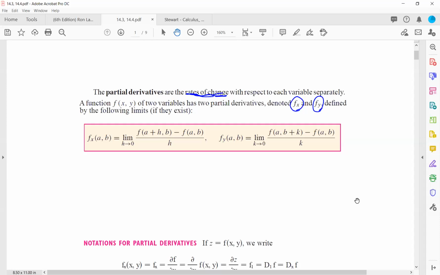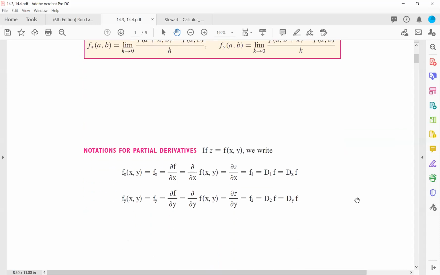Let us go over an example to see what's going on. In general, if you have a function in 2 variables, x and y, and z is equal to f of x and y, f sub x can be written as the partial derivative of f with respect to x, which is the same as the partial derivative of function z with respect to x, or f sub 1.